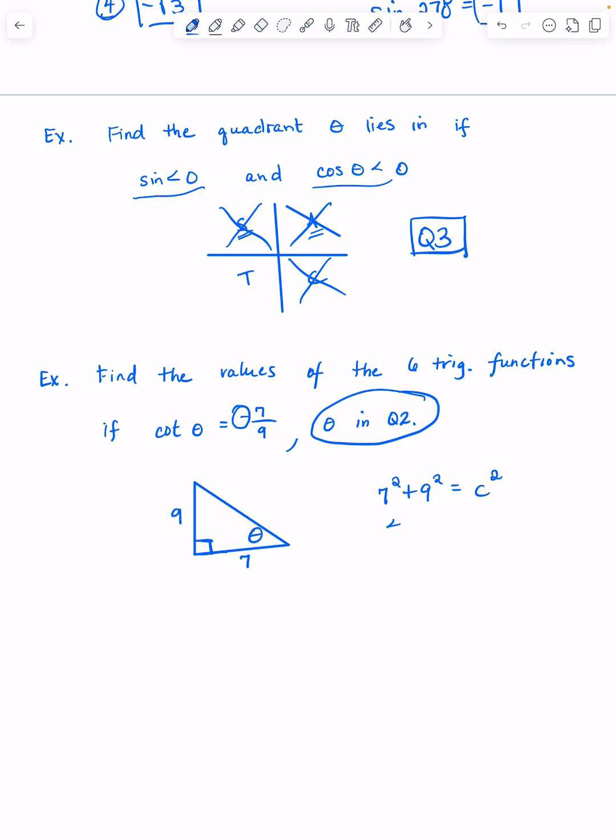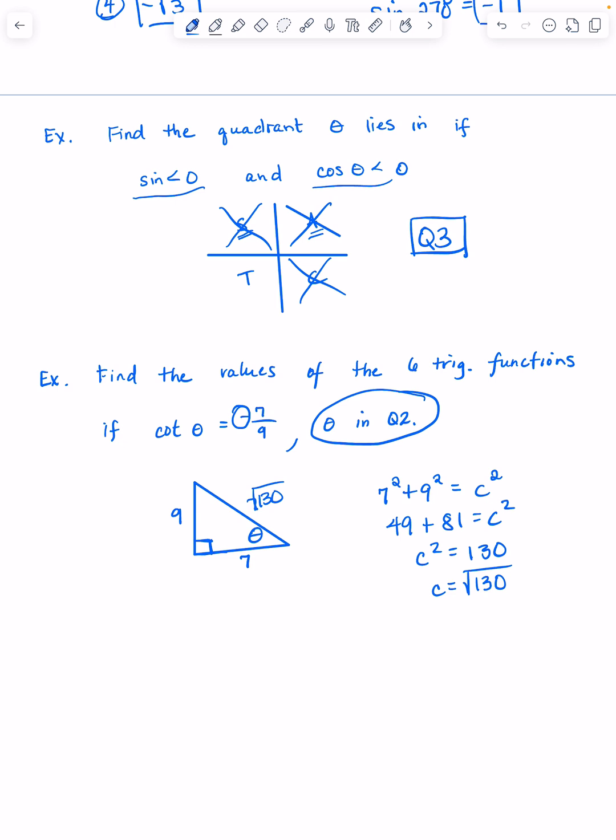So I've got 49 plus 81 equals c squared, or c squared is 130, which means c is the square root of 130. Now, don't need to worry about simplifying that radical. Just leave it as the square root of 130.